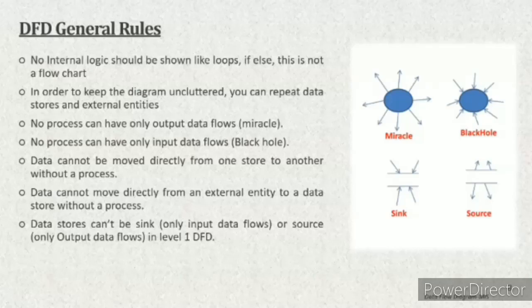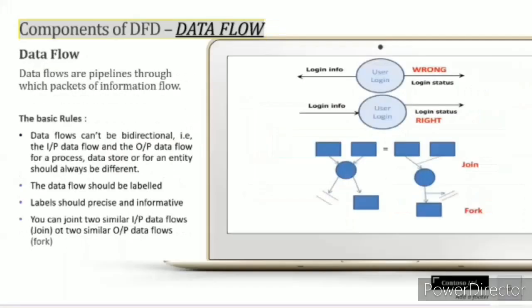If there are two entities with two flows of the same data A towards a process, you can draw a junction towards the process instead of two single lines, to keep it neat and tidy.